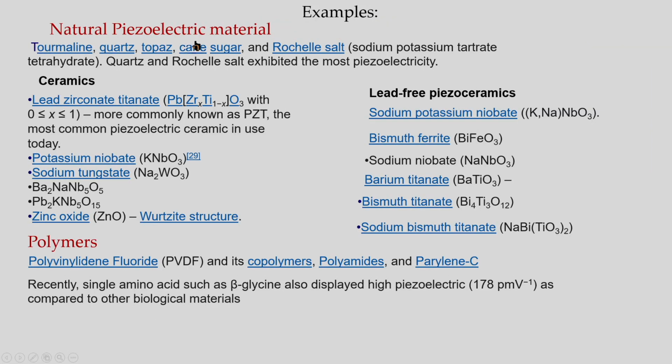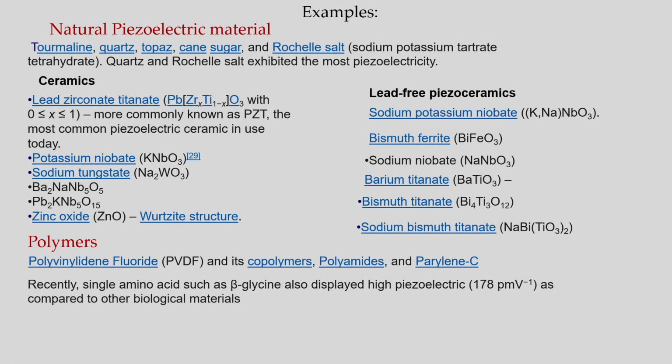So natural piezoelectric materials, as I have discussed, such as tourmaline, quartz, topaz, and cane sugar, show the effect, and then we have ceramic materials, the most famous being lead zirconate titanate, then potassium niobate, sodium niobate, then zinc oxide. So these are the lead-based piezoelectric materials.